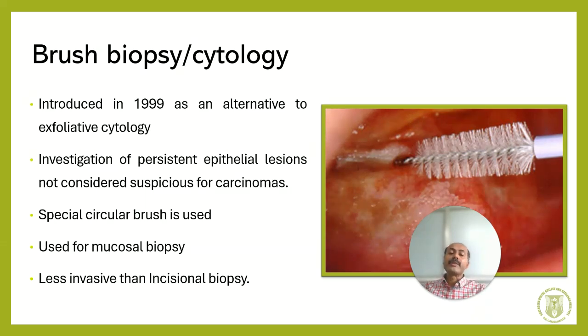This was first introduced in 1999 as an alternative to exfoliative cytology, and it is used in investigation of persistent epithelial lesions not considered suspicious for carcinomas. A special circular brush can also be used, and it is used classically in mucosal biopsies and is less invasive than incisional biopsies.